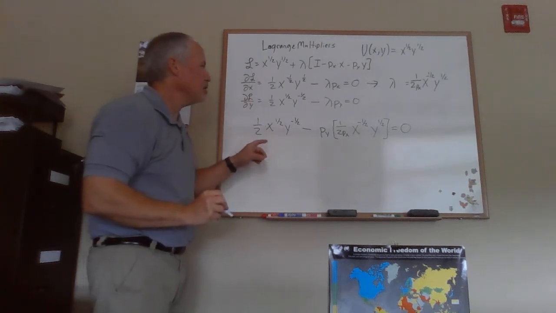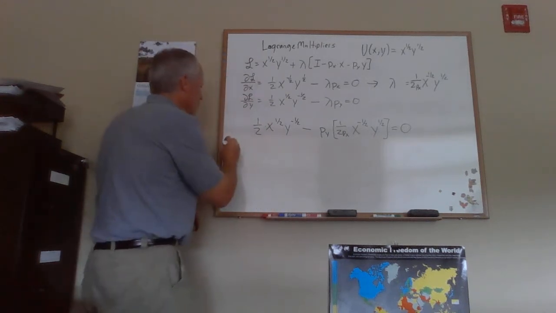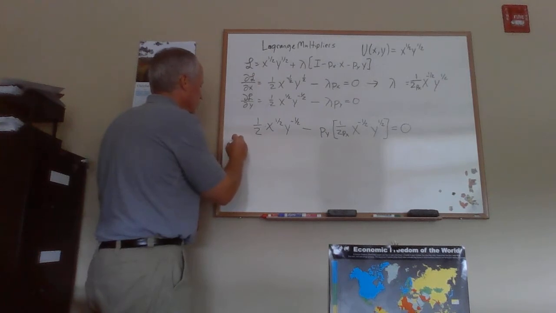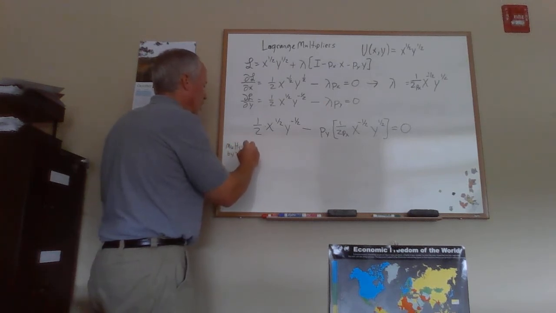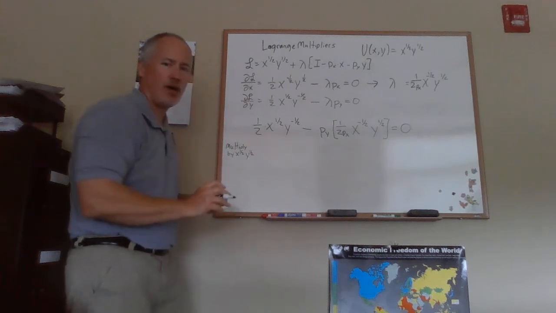Here, what we can do is multiply both sides of this equation by x to the 1/2, y to the 1/2.